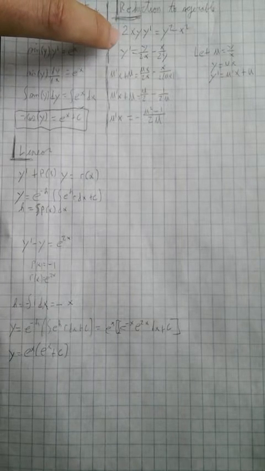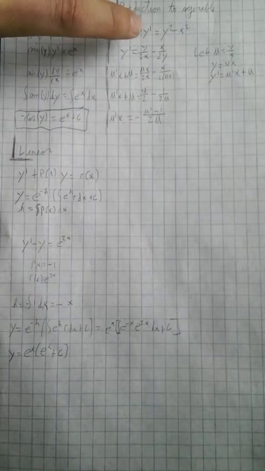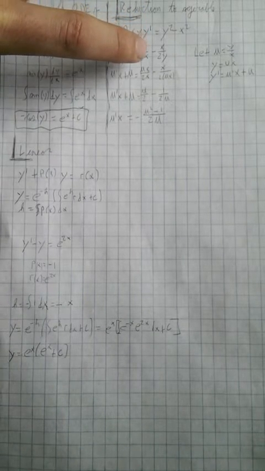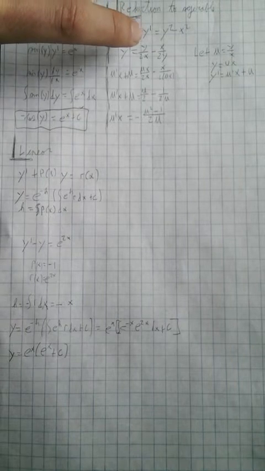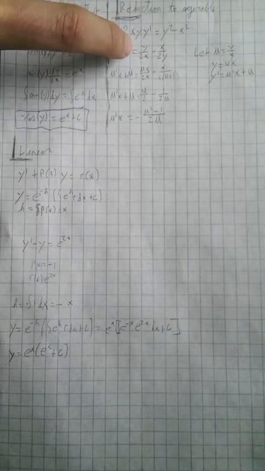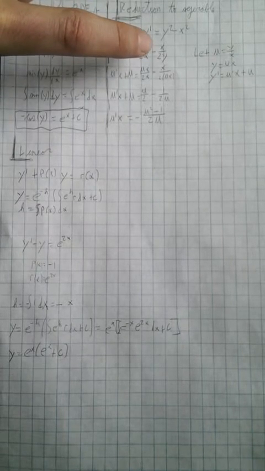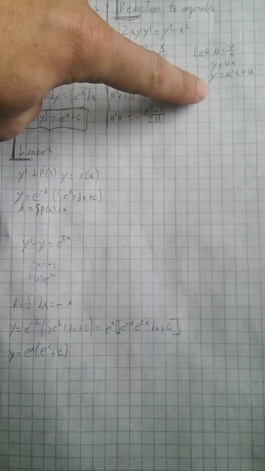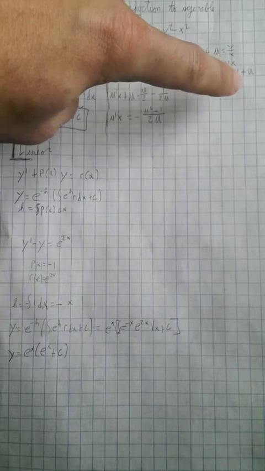Now we reduce this to y prime equals y over 2x minus x over 2y. Now that we reduce this, we can let u equal y over x, so we can make this equation separable. Then you let u equal y over x, then you have y equals u of x, then you have y prime equaling u prime times x plus u.